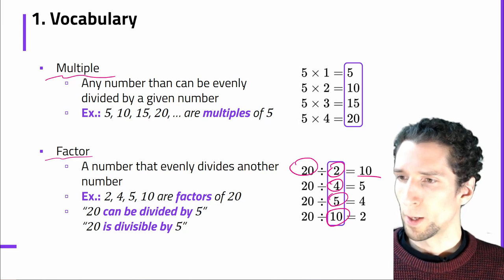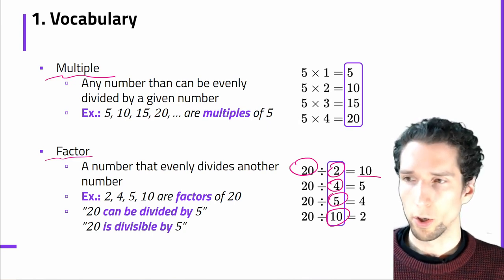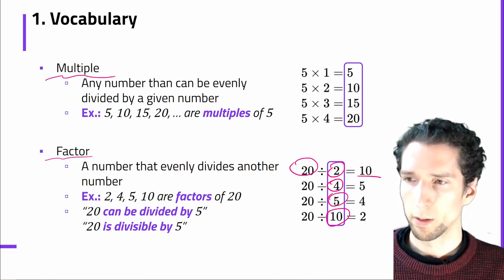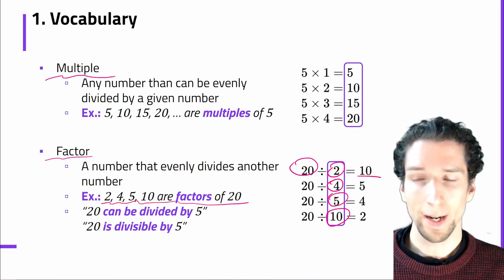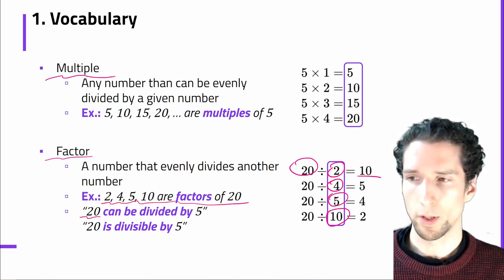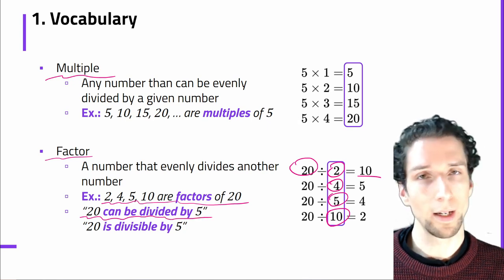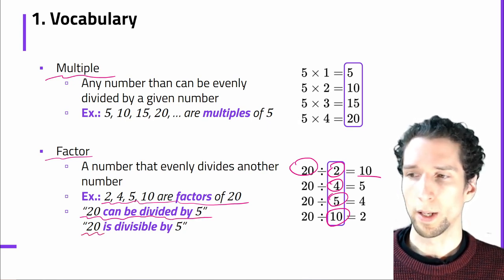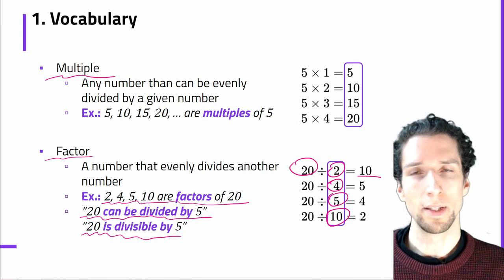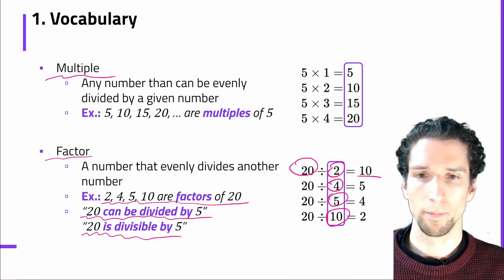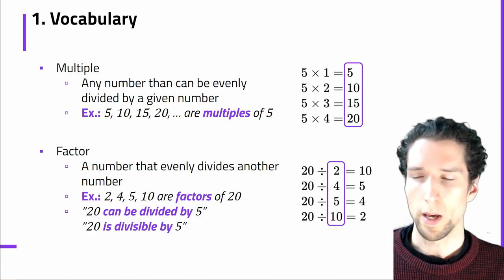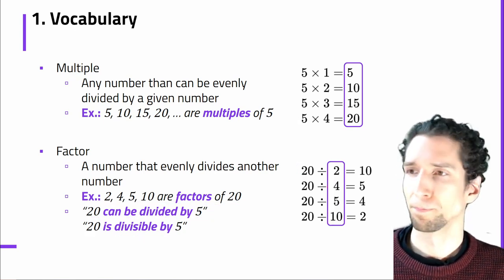Okay, so vocabulary here. 2, 4, 5, 10 are factors of 20, or we could say 20 can be divided by 5, or we can say 20 is divisible by 5. All 3 of those are ways of talking about factors.